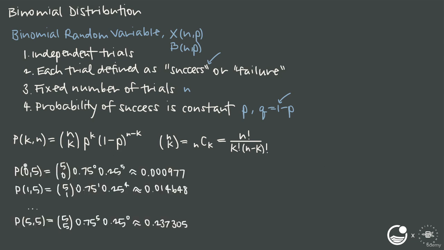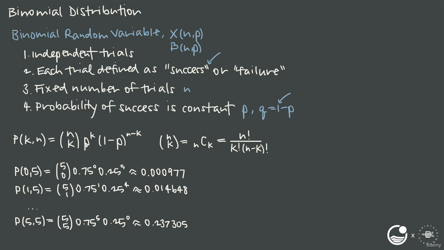So here's what some of those calculations would look like. The probability that 0 drivers arrive within 10 minutes if we pull a random sample of 5 rides would be calculated this way. We have this binomial coefficient n choose k, or 5 choose 0. We're selecting 5 rides, and we want the probability that we have 0 successes, 0 drivers arrive within 10 minutes. And then we take our probability of success, p, which we said was 0.75.